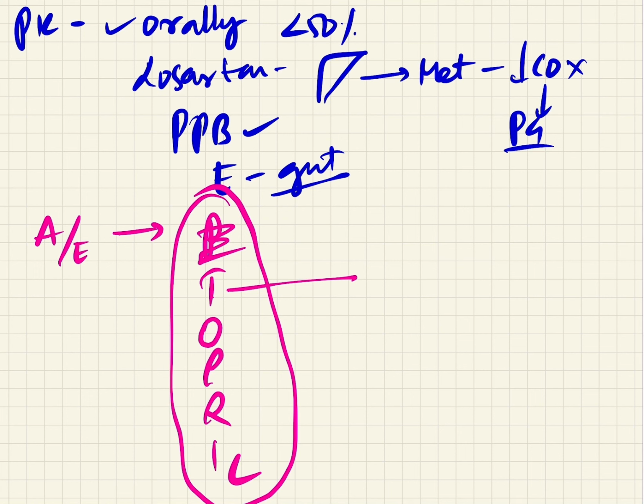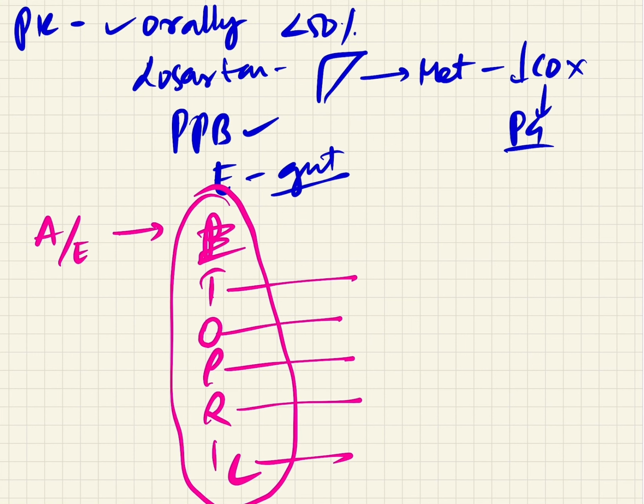So taste alteration will be there. Orthostatic hypotension will be there, and they are contraindicated in pregnancy, contraindicated in bilateral renal artery stenosis, and they are known to reduce the risk of diabetic nephropathy.